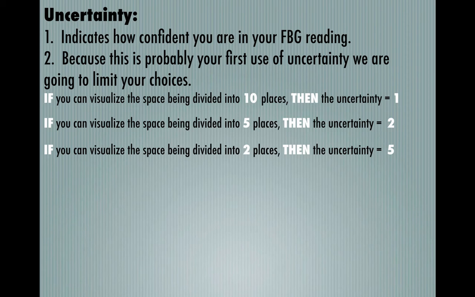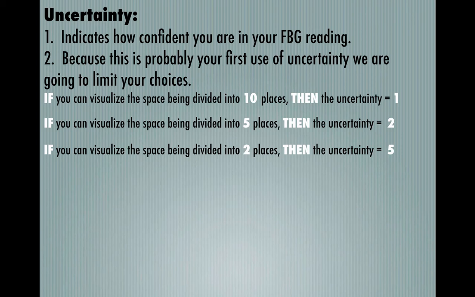So the greater the uncertainty, the less confidence you have in your guess, okay? So if you have an uncertainty of 1, that means, yeah, I'm pretty confident. You know, could be something else, but I'm pretty confident it's that. An uncertainty of 2 means, yeah, it'd be nice if it were a 1, but I can deal with the 2.